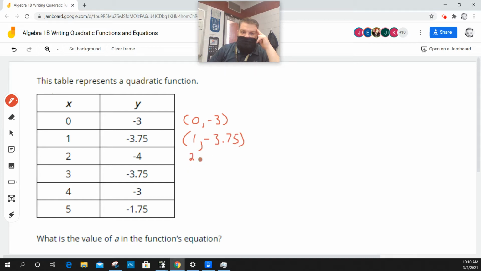When x equals 2, y equals -4. When x equals 3, y equals -3.75. So these are all points that exist on the graph.